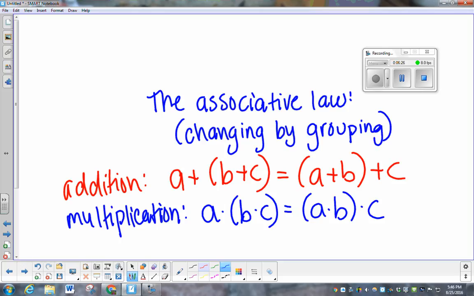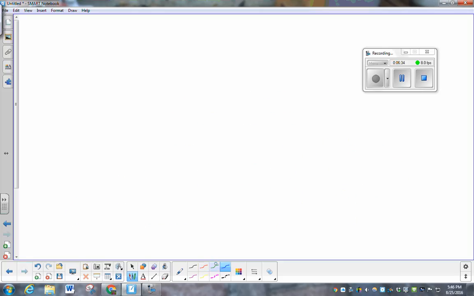So one example you might get is, again, we're going to try and write an equivalent expression. So this, again, forms equivalent expressions.